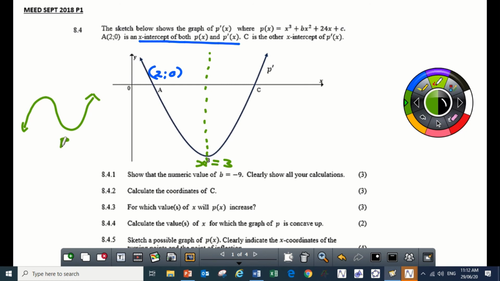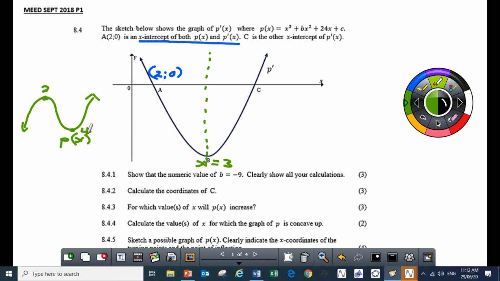That's the shape of P of x. What that means is here, x is going to be 2, and here, x is going to be 4. Are you following that? Yes.